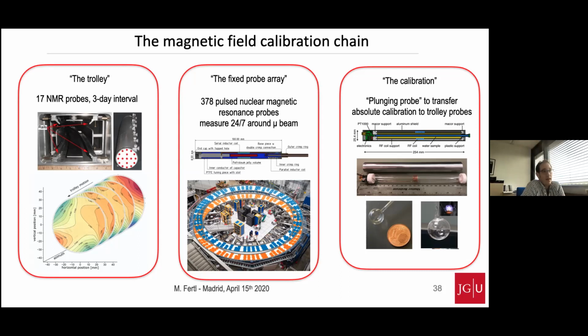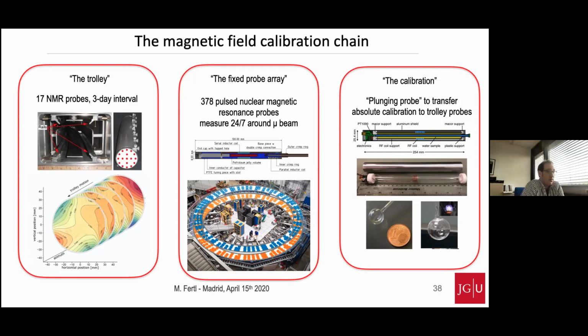And then we have several calibration setups that allow us to transfer the absolute calibration with a so-called plunging probe to the individual 17 probes on the trolley. And we have compared this plunging probe, which is deployed in the ring in a very homogeneous section of the field, also to other field standards, for example a helium-3 nuclear magnetic resonance magnetometer.